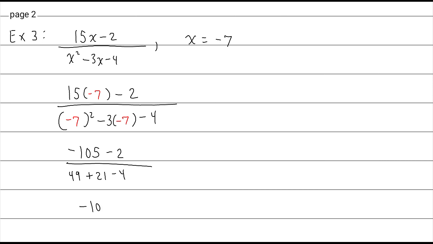Negative 107 over 49 plus 21 is 70, minus 4, which is 66. Can I reduce 107 over 66? I don't think so, so that'll just be my answer. That is what we're talking about when I say evaluate an expression.